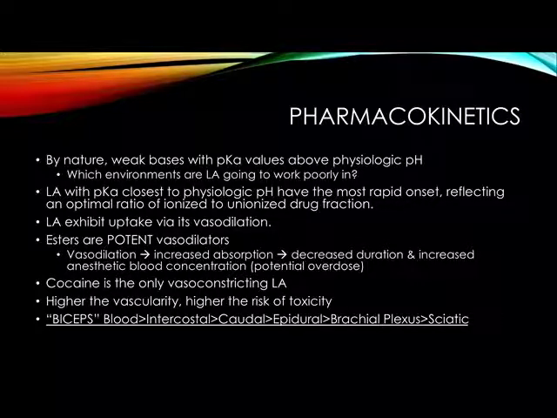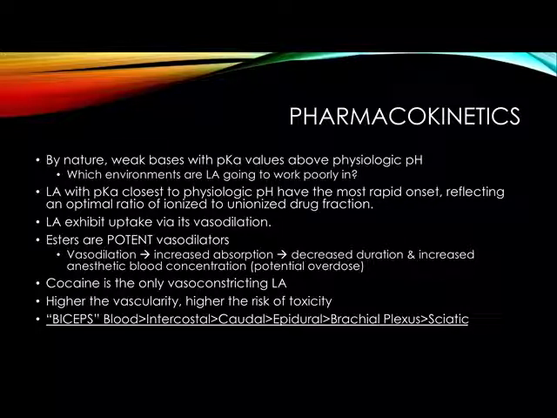More than likely, it's not going to work very well due to that local anesthetic being a weak base. Local anesthetics with pKa's closest to physiologic pH have the most rapid onset, and that's due to an optimal ratio of ionized to unionized drug fraction.